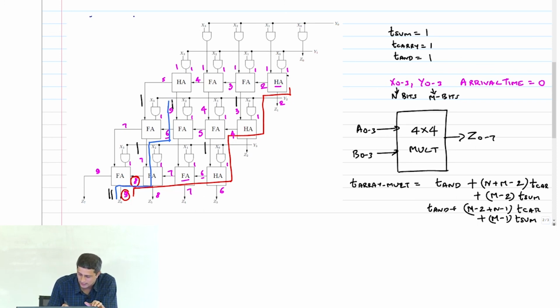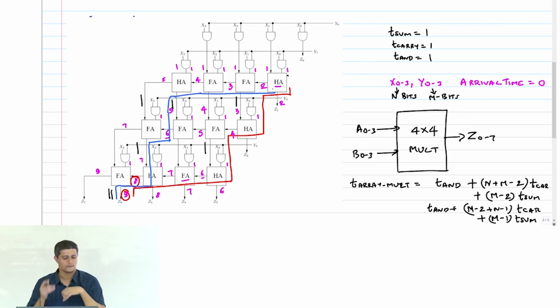And then again, it comes here, arrival time here, and then it has to go here. Correct? Yeah, this makes sense. Yes, I agree with you. Okay, so basically what we are saying is, there are how many T sums? 1, 2 and 3, which is m minus 1 T sums, right? And the remaining are basically your carries.